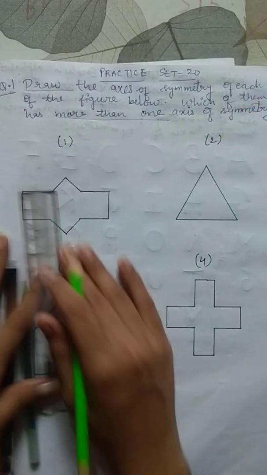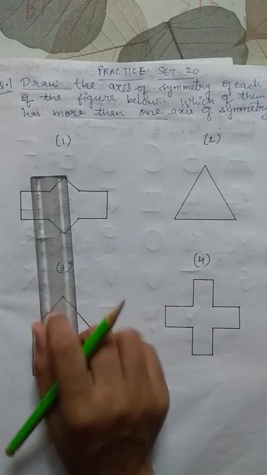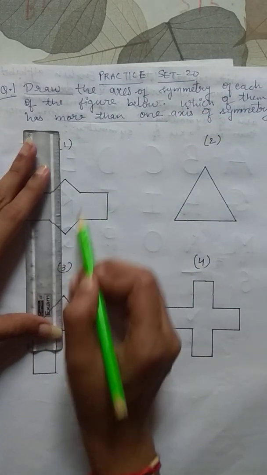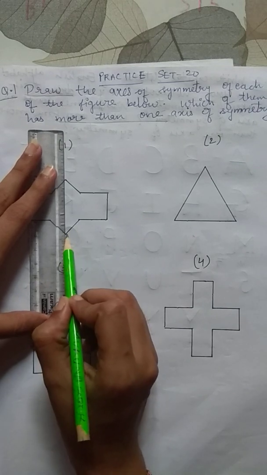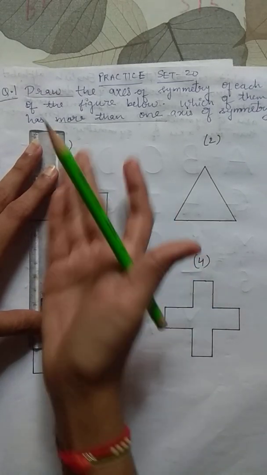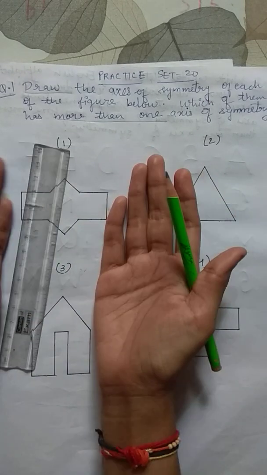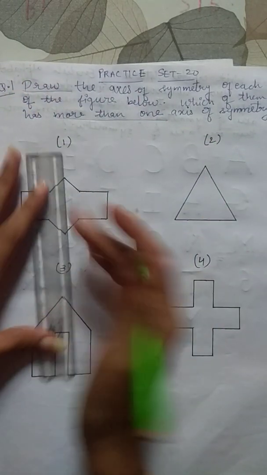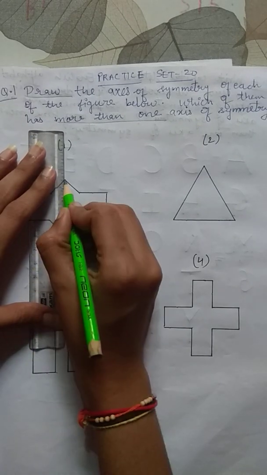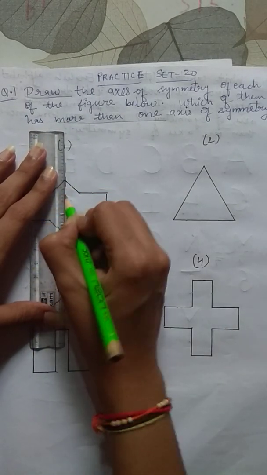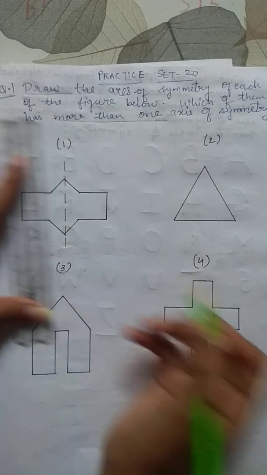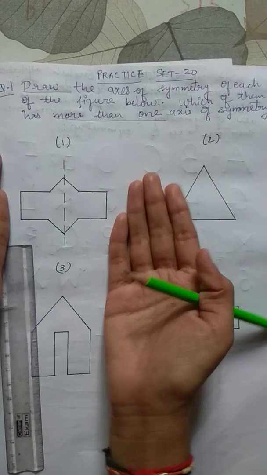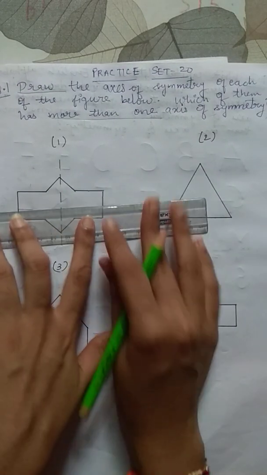So first one, this diagram. Now, what is an axis of symmetry? We have already seen it is a line passing through any shape such that when we fold at that line, the two parts overlap. So clearly we can draw this one line. When we fold them, these two images will overlap each other properly.